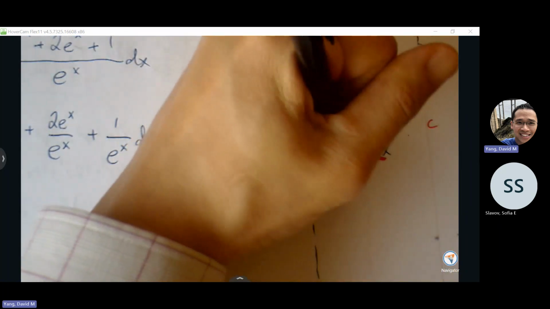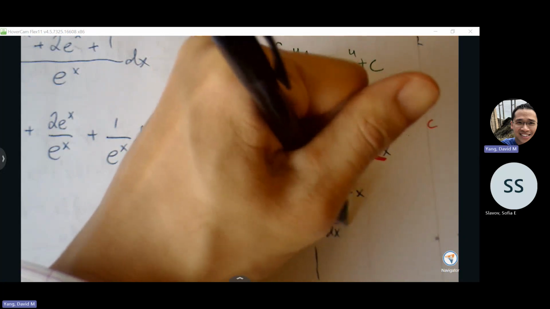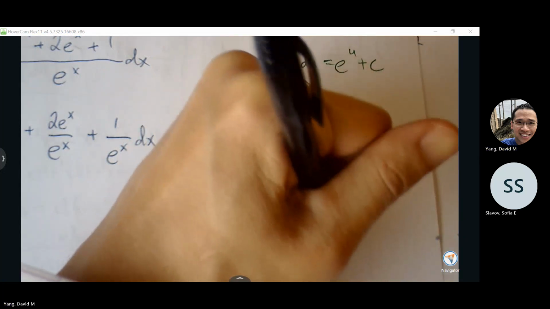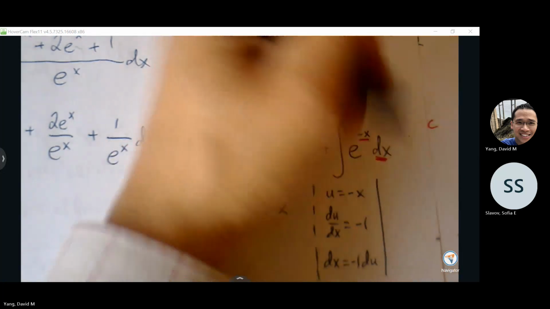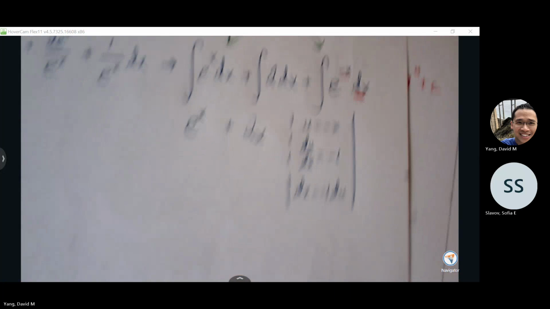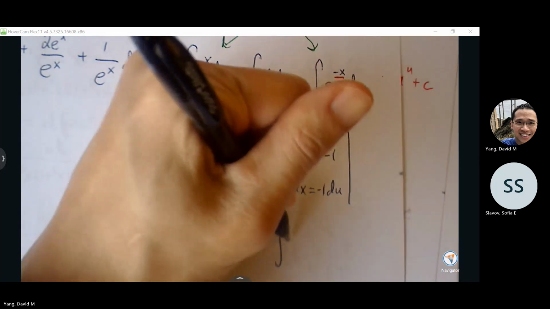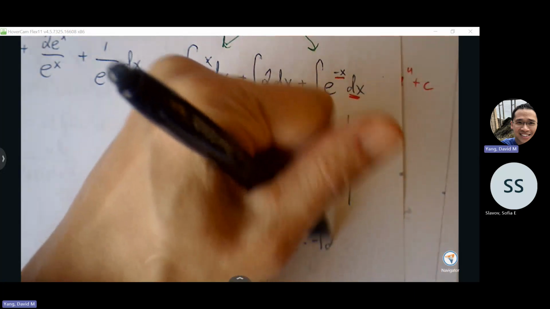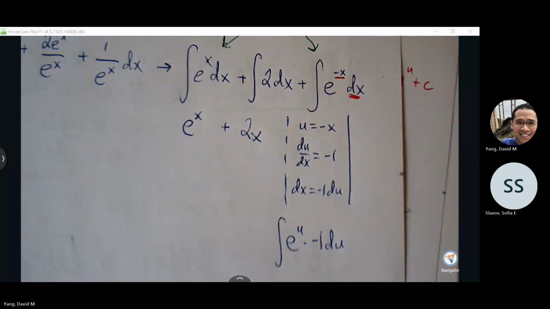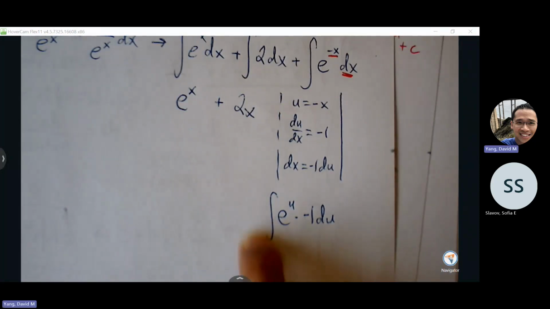My u value is negative x. du dx is negative 1. Make my substitution here: replace the negative x with u, replace dx with negative 1 du. Do some cleanup here. I can push that negative 1 out in front.